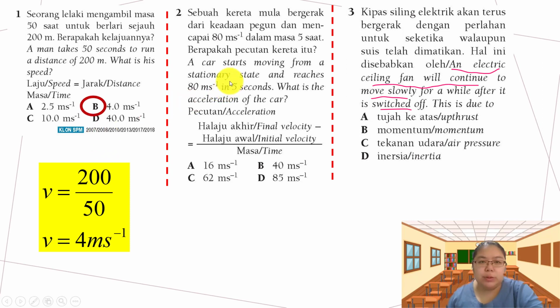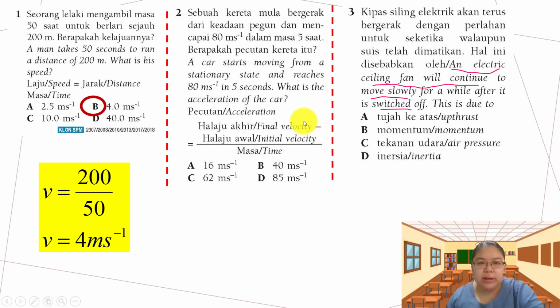Let's see number 2. They say a car starts moving from stationary. The keyword stationary means the initial velocity is 0. After that it moves until the velocity becomes 80, which should be the final velocity, in 5 seconds. The question wants to find the acceleration.